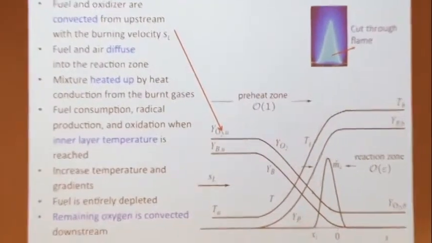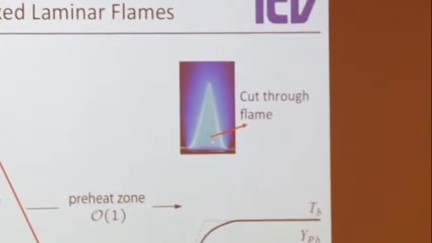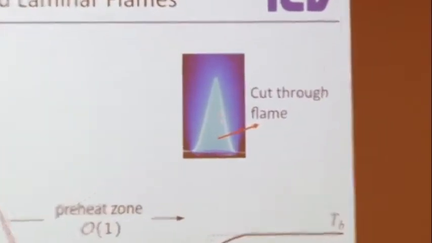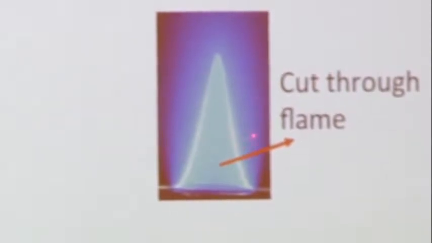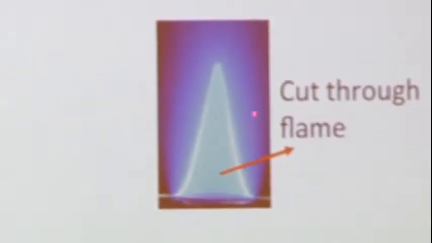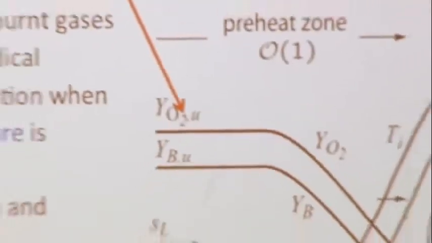So you have in the premix flame, let's say you have a fuel air mixture here in the center, and then you have a flame burning into this fuel air mixture, and then you have hot combustion products behind the flame. In a one-dimensional setting, this is how this would look like. You have the fuel and the air.